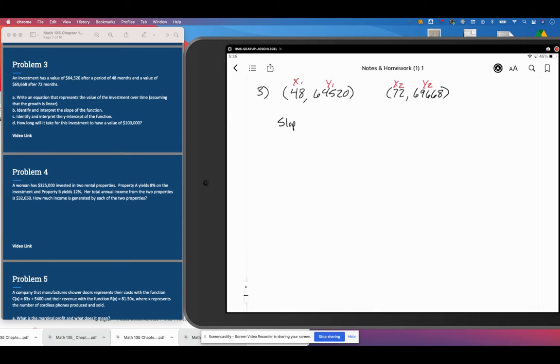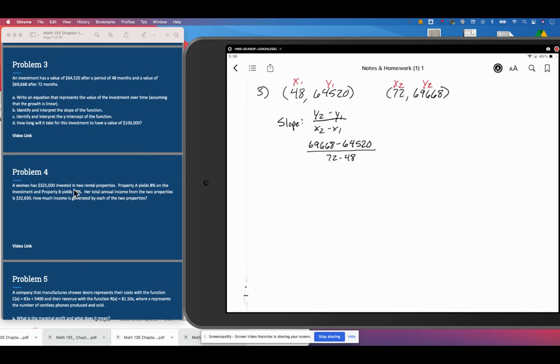We know that for point slope form we do need a slope. So we've got y2 minus y1 over x2 minus x1, and we will have 69,668 minus 64,520 over 72 minus 48.